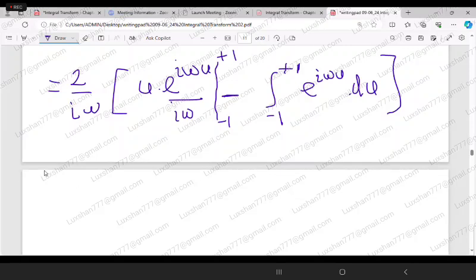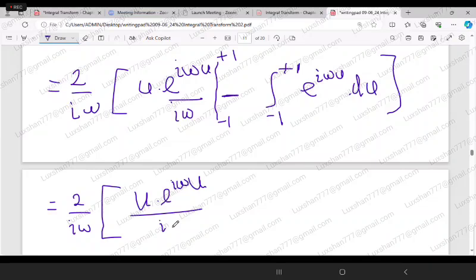Now, again, if I do this one, I can have 2 over i omega. And here, I'll keep that again. So here, we'll keep that u into e to the power i omega u over i omega.